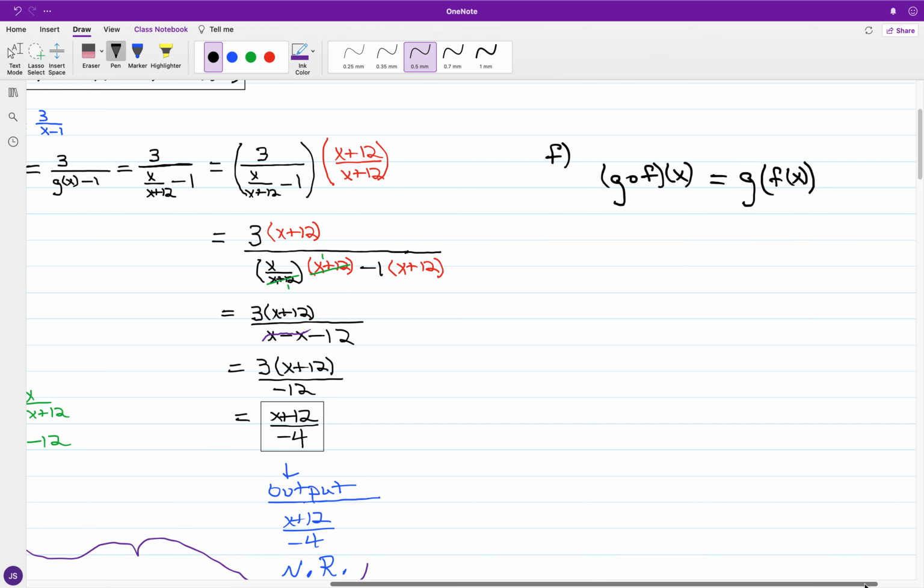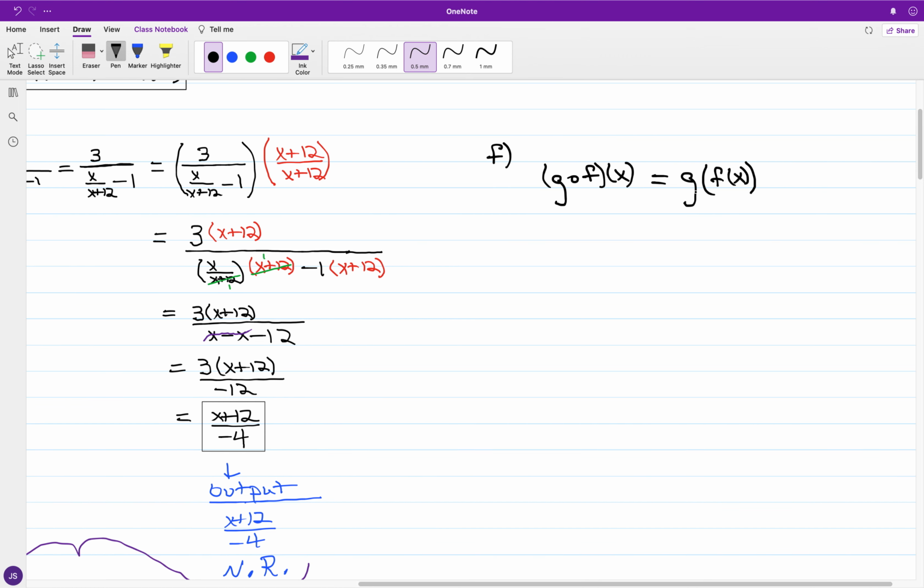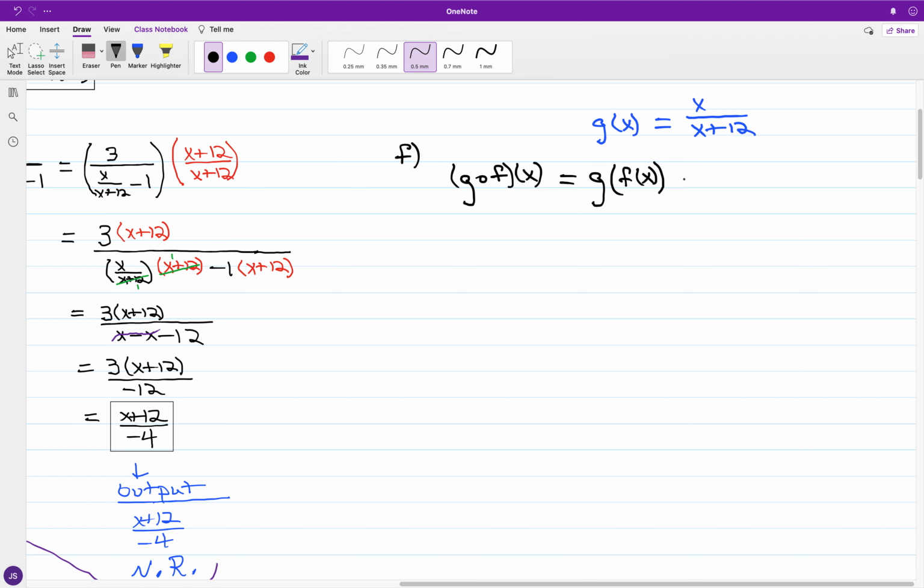So you have the input with f of x and the output in line with g of x. So we have g of the input, again, the input divided by the input plus 12. So with the inputs at f of x, again, we have the input divided by the input plus 12.